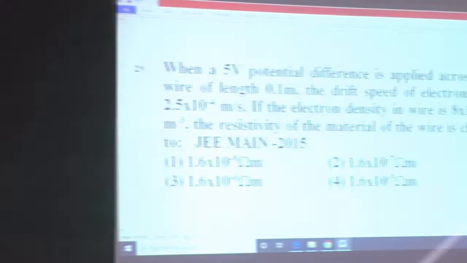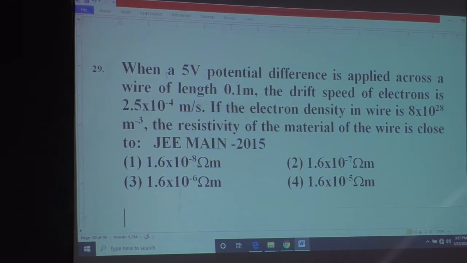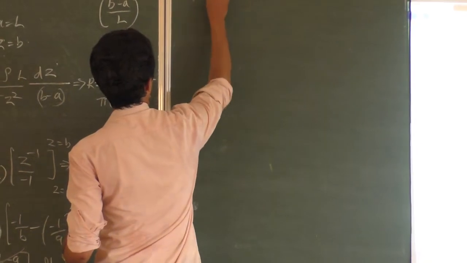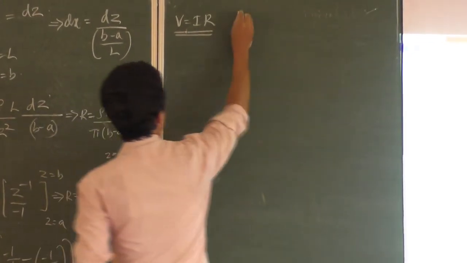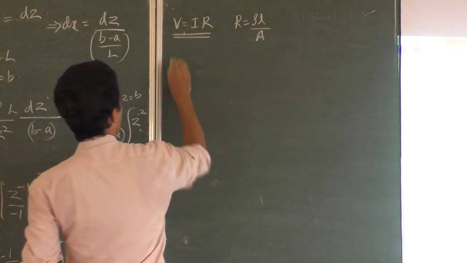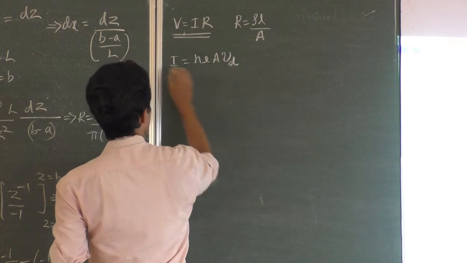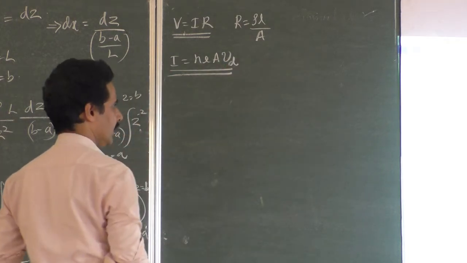You just recall all the formulas that you have studied related to current and drift velocity. You see V equal to IR, a very important relation, and R is equal to rho L by A, you know this. And current I is equal to NEAVD, right? So we have all these equations.